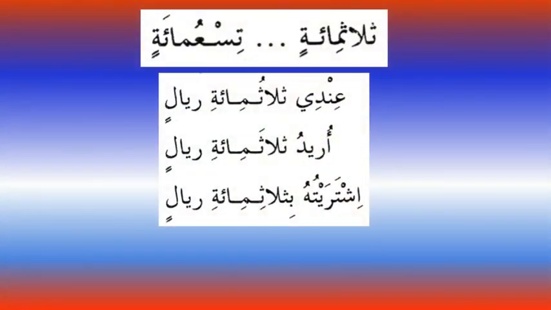So from 300 to 900, what we have is a combination, the way it is written, and in that combination the first part is a mudaf, and we know the mudaf will decline, and mudaf ilayhi is always majrur, so it doesn't change. So if you see here, thalathu mi'ati riyalin, thalathu is your mudaf, mi'ati is mudaf ilayhi, wa huwa mudaf, and riyalin is mudaf ilayhi.